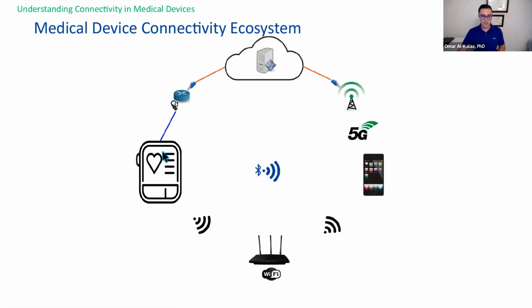The medical device can also be used in a hospital, where it's using Ethernet hospital connectivity to upload data to a cloud service, again going over a fiber connection between the hospital and the cloud service provider. So as you can see, a connected medical device can have many, many forms, and each of these technologies is associated with specific nuances and features.